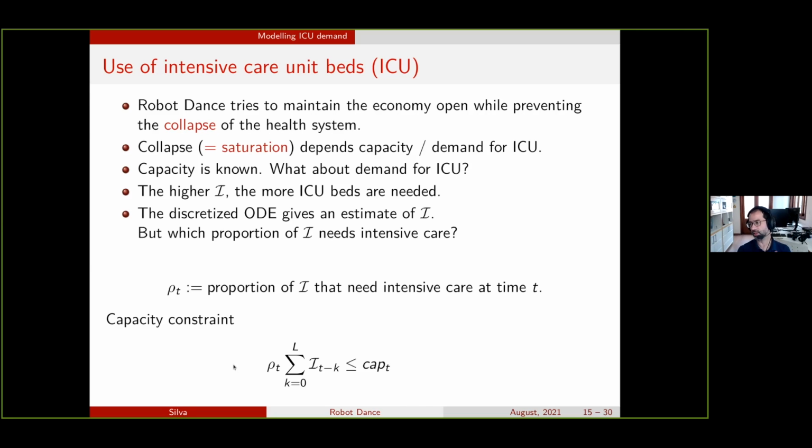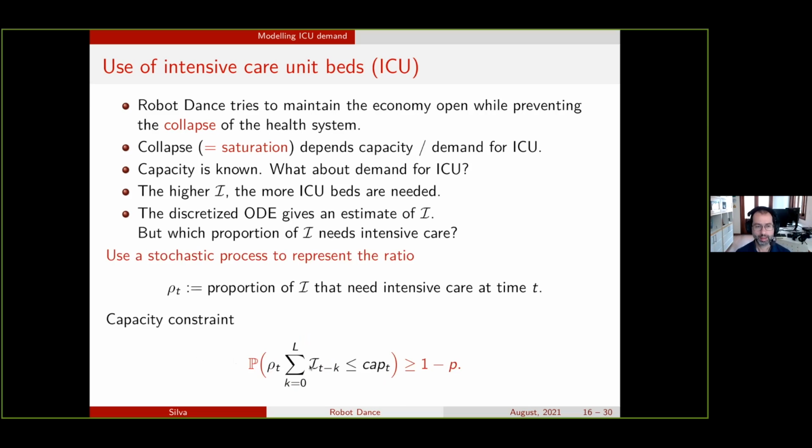So you are integrating and assuming that this ratio is constant in this time window, which is 7 to 15 days, depending on the situation. This says how much you need to take care of those patients in that time window, and that has to fit in the capacities that you have in time T.